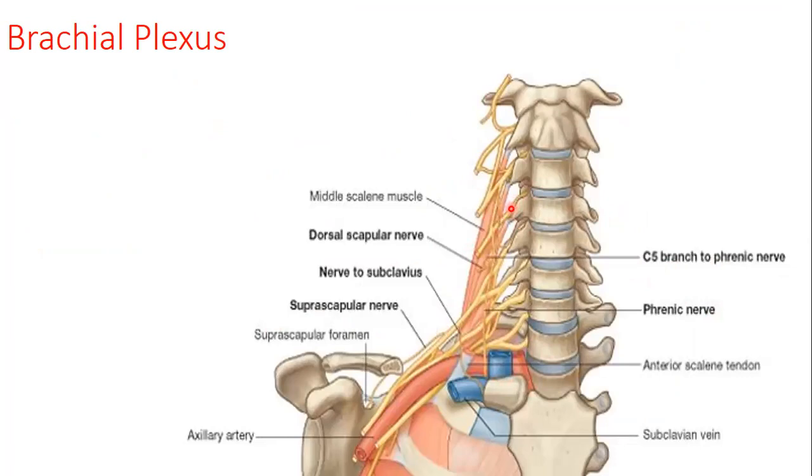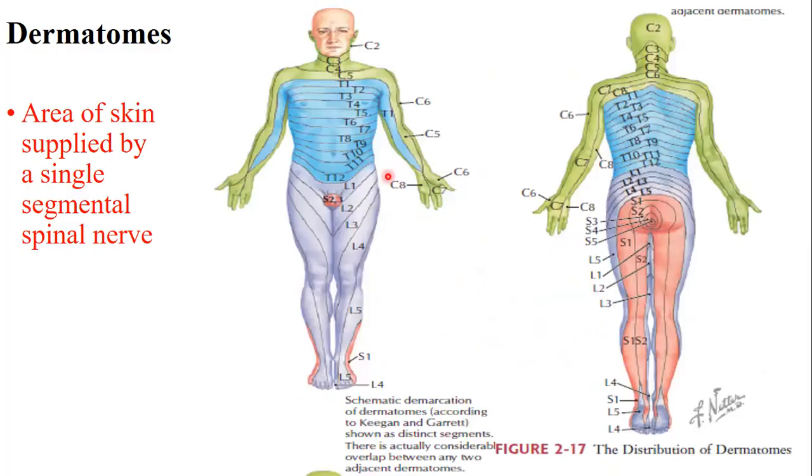So if it's this one, all the area of the skin that this nerve will supply will be affected. And that's why there is that loss of skin color. So you don't find that in a person with herpes zoster, the lesion is spreading across from one side of the body to the other. It's not possible because nerves will come from this side and end here in the midline.